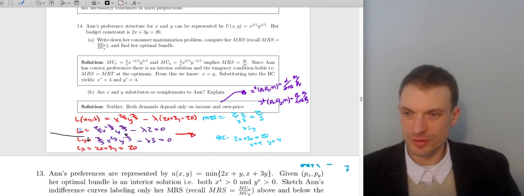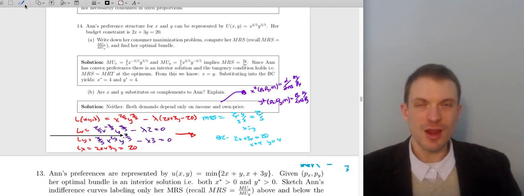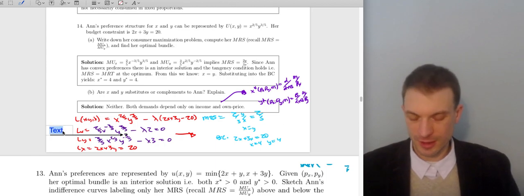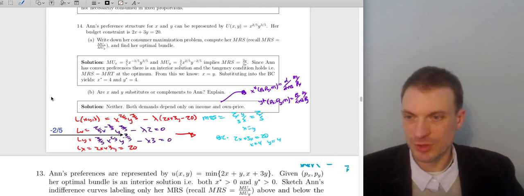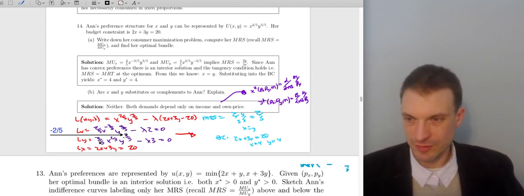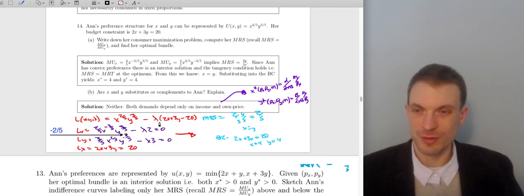That's got to be minus 2/5 here, right? Because we take this power down, 3/5 out front, reduce this power by 1, so it's going to be minus 2/5. Then the partial of the budget portion with respect to y is minus lambda times 3.